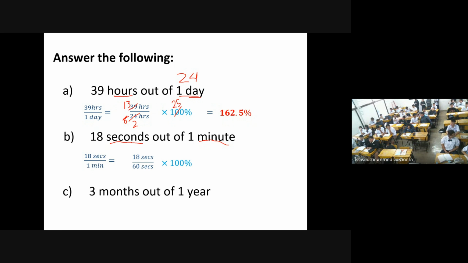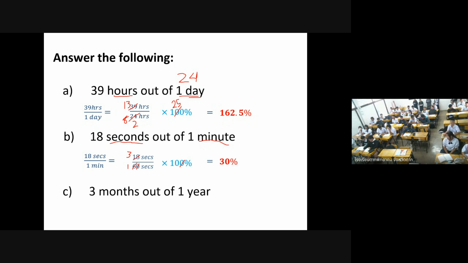And then simplify. 18 over 60, cut the zero. And 18 over 6, cut. This will become 3 over 1, and 3 times 10% is equal to 30%.